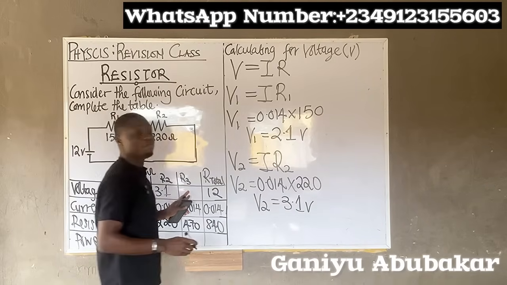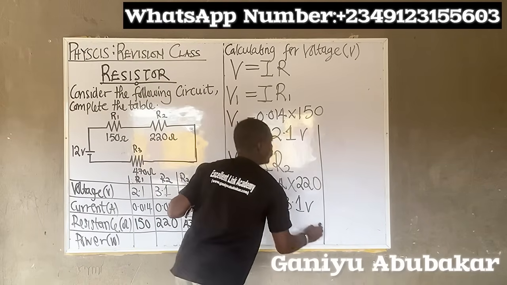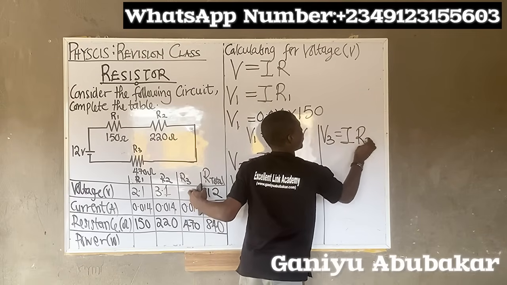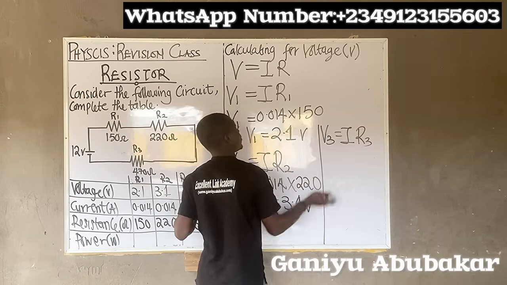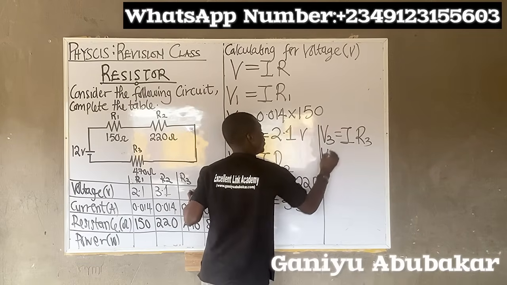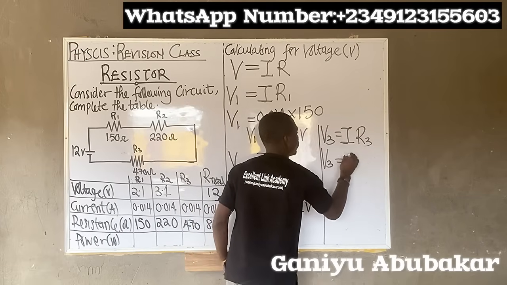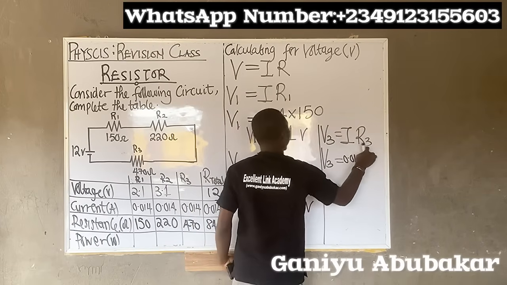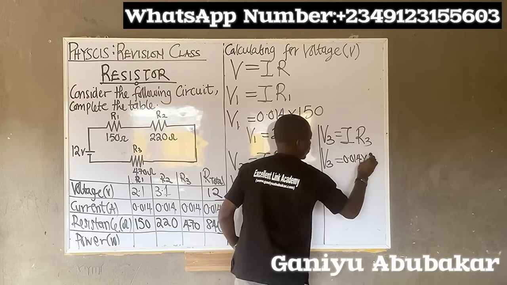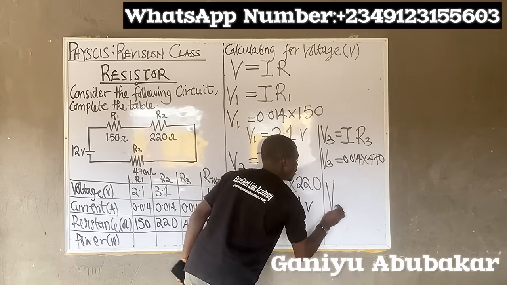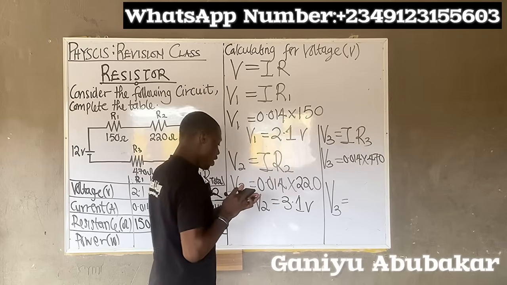Finally, let's get V3. For V3, what do we know? V3 is equal to IR3. This is Ohm's law, right? Same concept. I is of course constant, 0.014, times R3, which is 470.